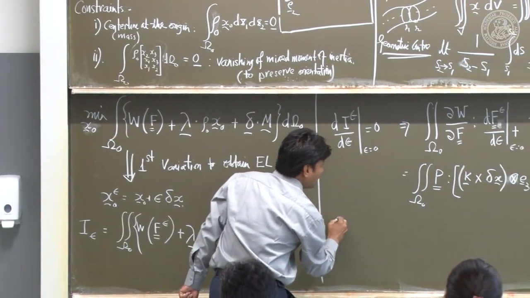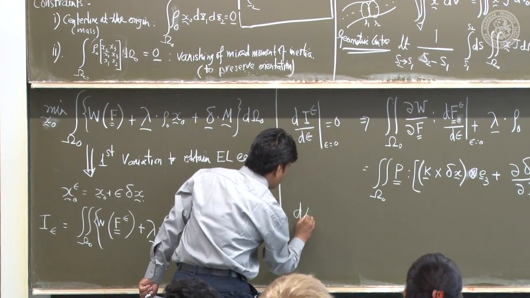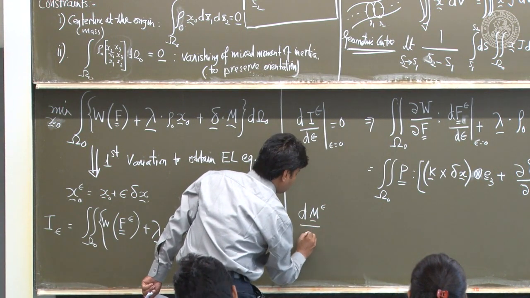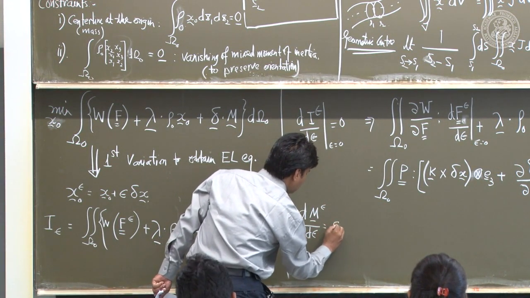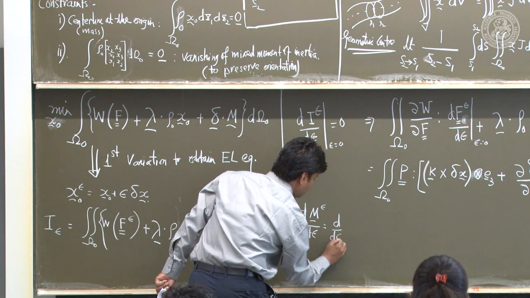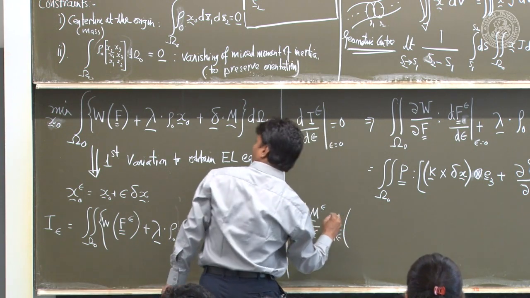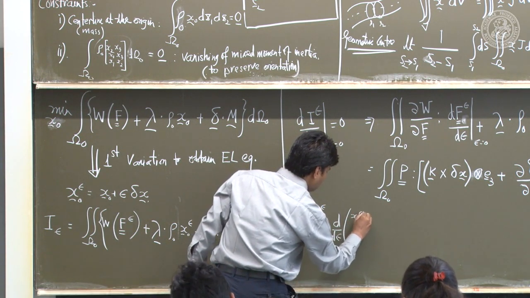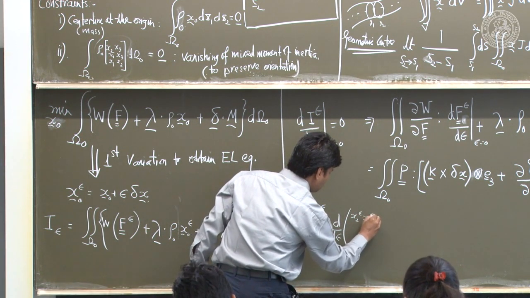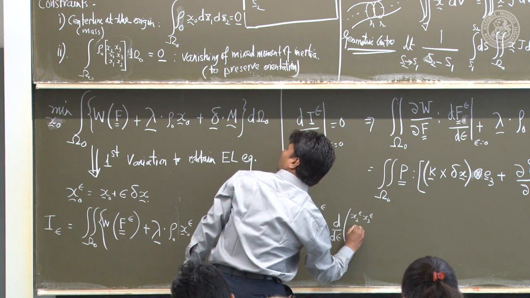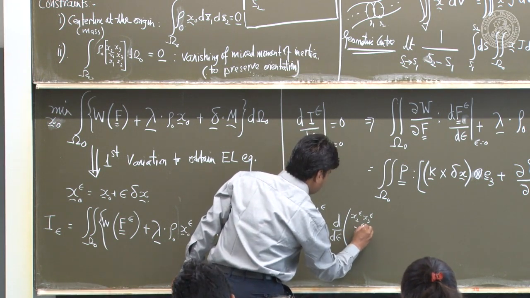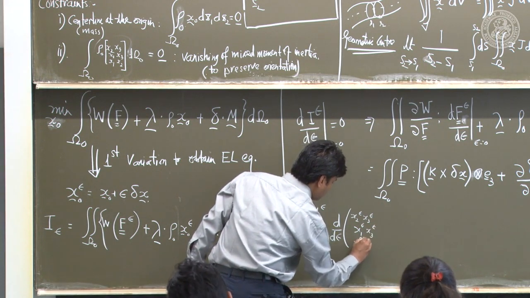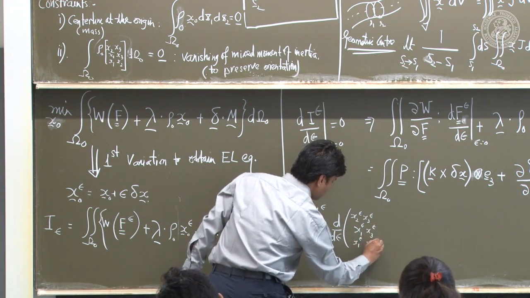So we want dm epsilon over d epsilon, the same as d by d epsilon of x2 epsilon, x3 epsilon, then x1 epsilon, x3 epsilon, x1 epsilon, and x2 epsilon.